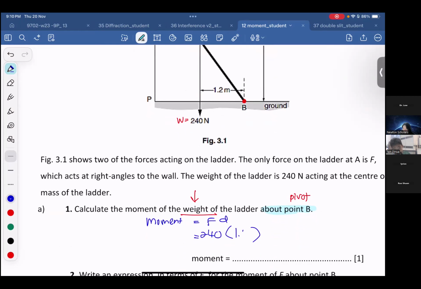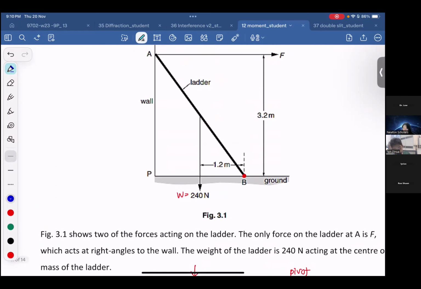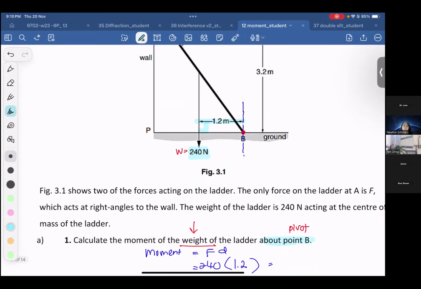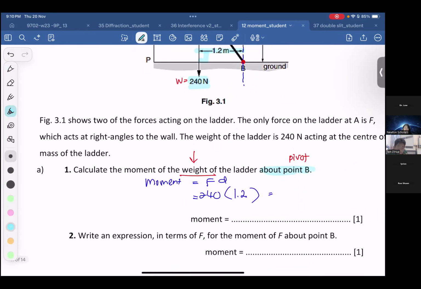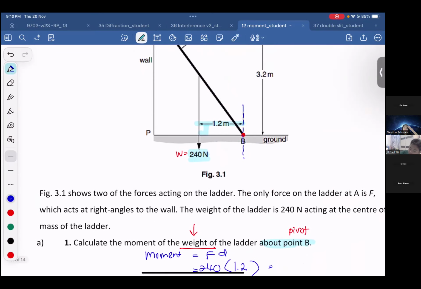Why 1.2? Can you see the technique that I teach you? Parallel, then the distance between them, 90 degree. 1.2 is the distance for 240 Newton. So your answer should be 288 Newton meter, because this question is in meter.